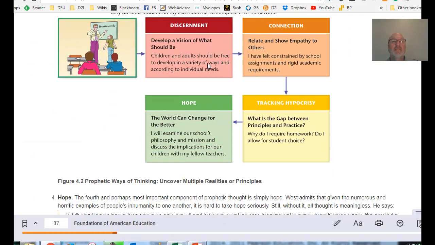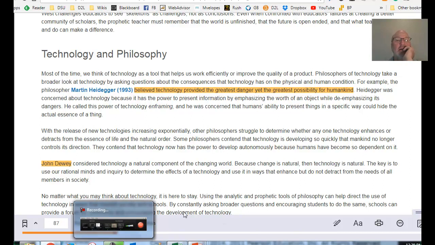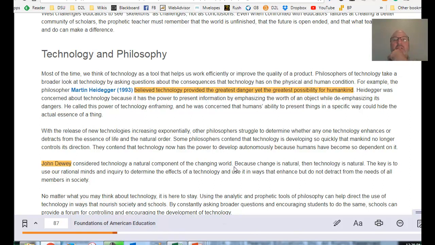Okay, this is interesting on the technology in philosophy. Most of the time we think of technology as a tool. It's working efficiently to improve quality of life. Philosophers of technology take a broader look at technology by asking questions about the consequences that technology has on the physical human condition.